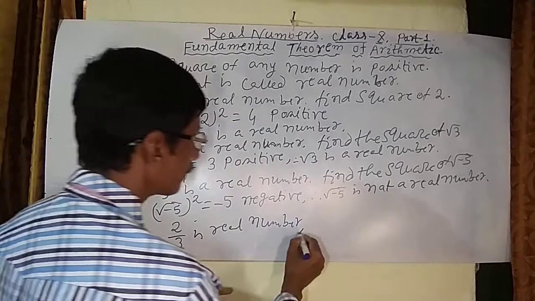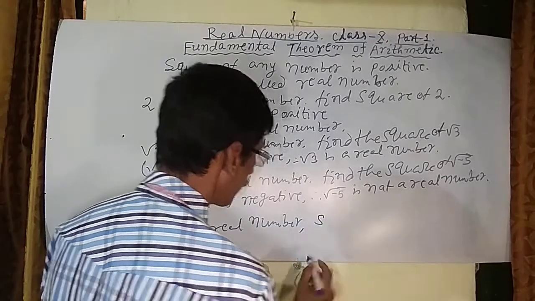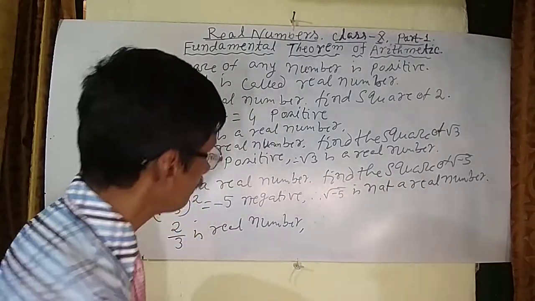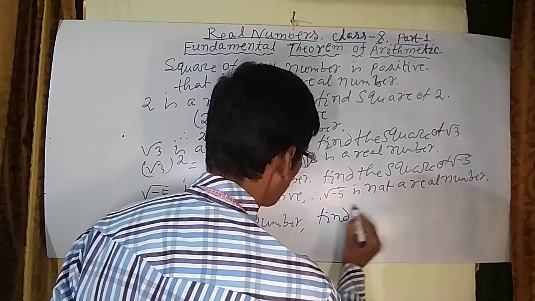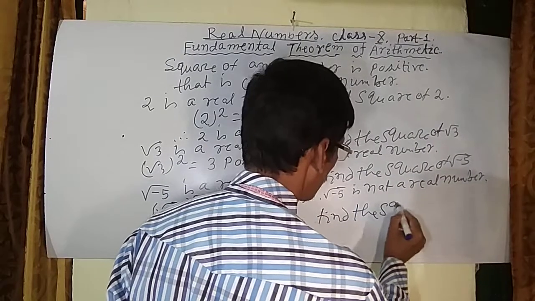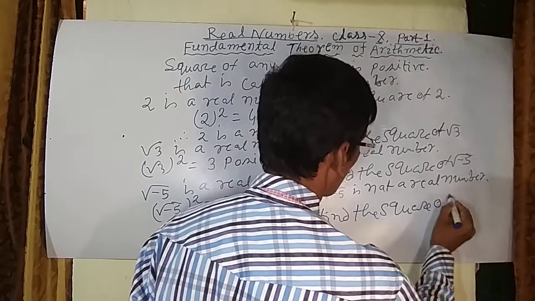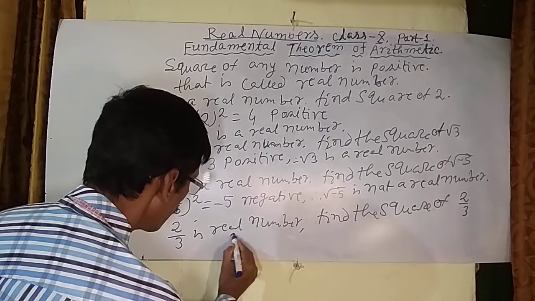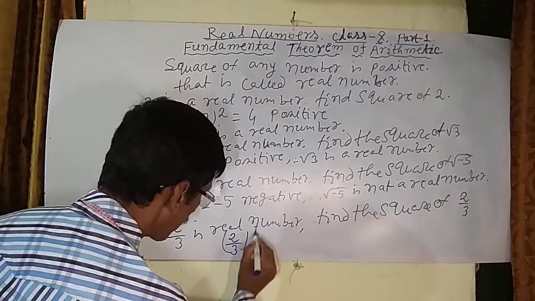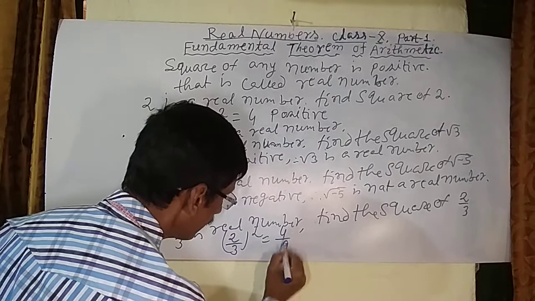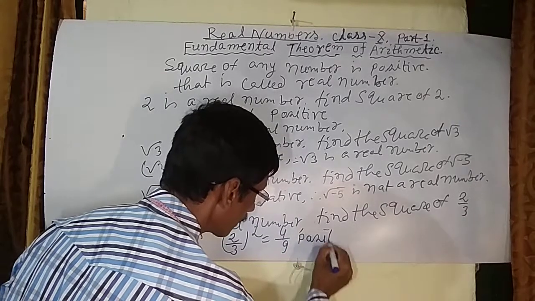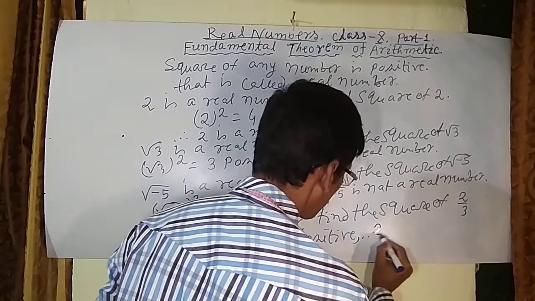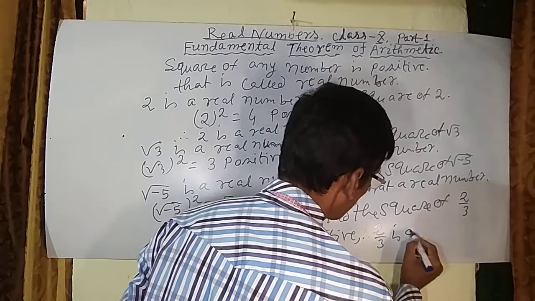So first of all, find the square of 2 by 3, then square equal to 4 by 9. Is it positive? Okay, positive. So therefore 2 by 3 is a real number.